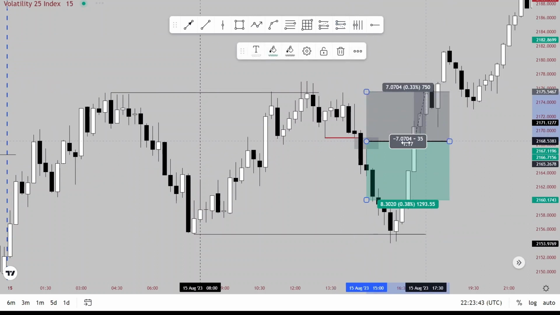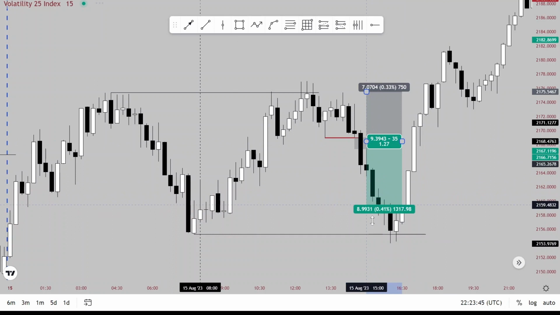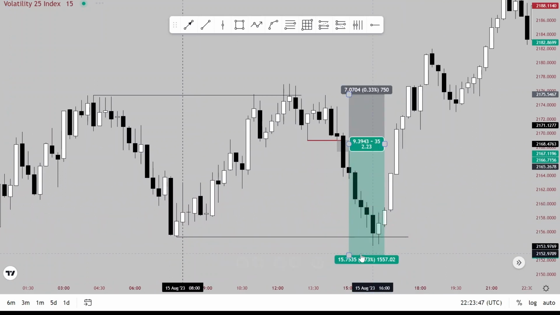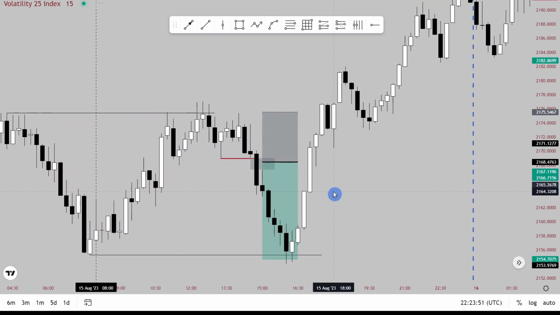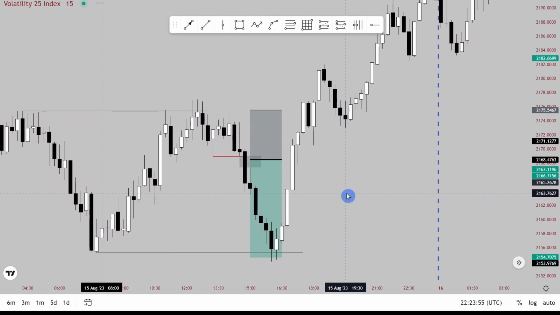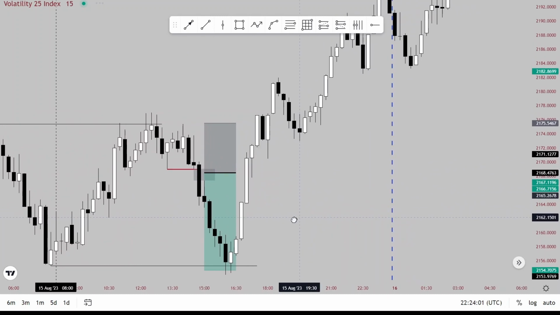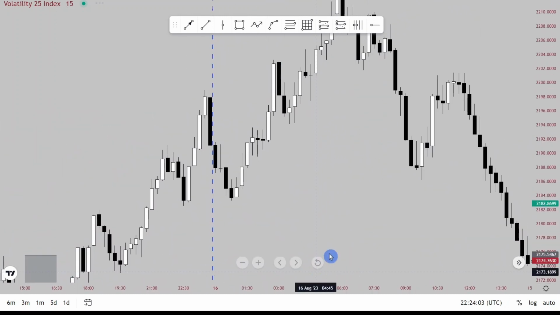It just went without it. So sometimes that will happen, but if we get this entry, it would have been very nice. So this is a day that we missed the trade, and it's fine. Okay, it's fine. You don't have to FOMO and rush. Just leave it to go. We missed the trade this particular day. Let's look for the next day.